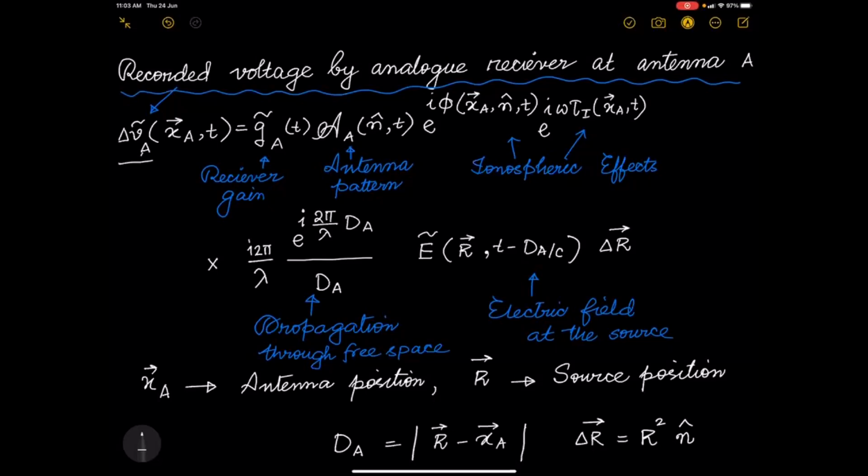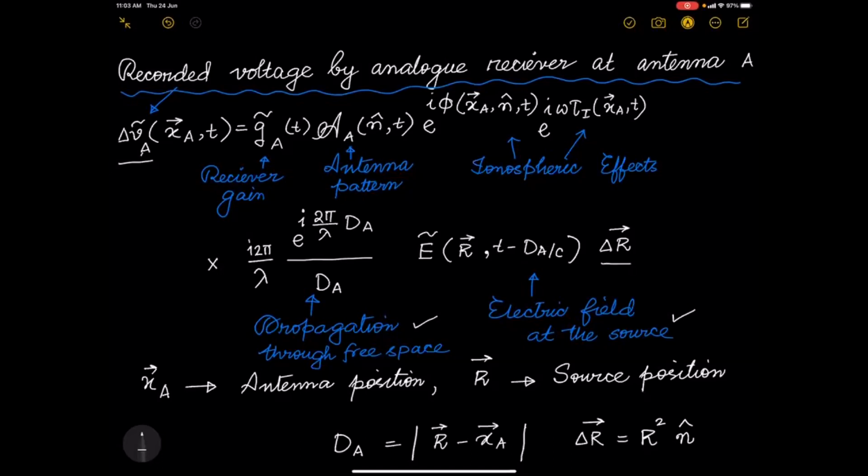This delta is there because we are considering that all the electric field that is originated at a source is from a small patch in the source, which we called delta R. So really, if you want to get all the radiation, you have to integrate over delta R. But nevertheless, you have the things from the right to the left, the electric field at the source, which then propagates to the outer ionosphere. And the propagation is just given by the Huygens-like propagation.